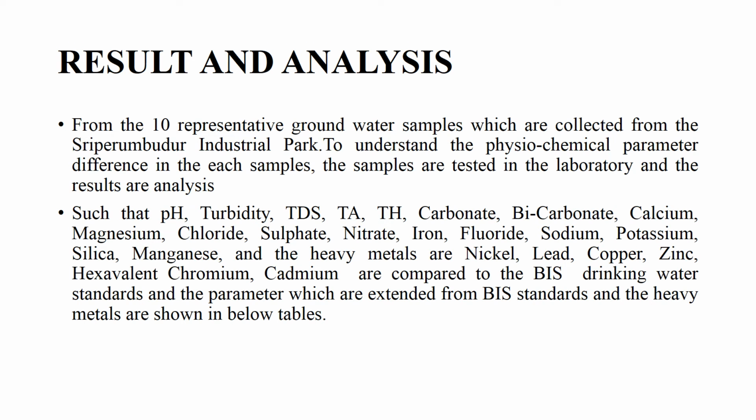Result and analysis from the 10 representative groundwater samples collected from the Sriperumbudur industrial Sipcot: the pH, turbidity, TDS, TA, TH, carbonate, bicarbonate, calcium, magnesium, chloride, sulfate, nitrate, iron, fluoride, sodium, potassium, silica, manganese, and the heavy metals nickel, lead, copper, zinc, chromium, cadmium are compared with the BIS standard water quality, and the parameters that exceed the BIS standard and the heavy metals are shown in the tables.